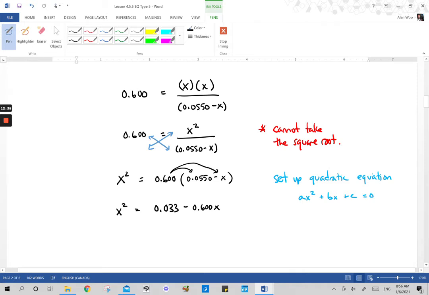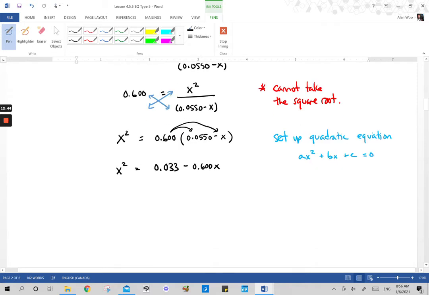Okay, so we now move everything over to one side so that we can set it to 0. Actually, before I do that, might as well do it in the right order. Okay, so let's move negative 0.600x to the other side. The negative here becomes positive. The positive value of 0.033 now becomes negative.